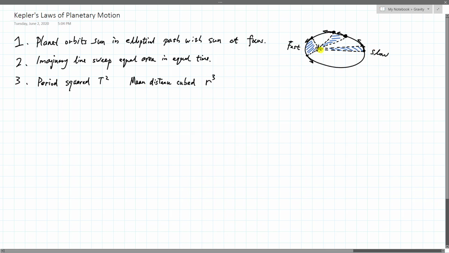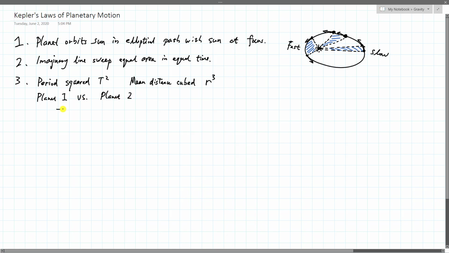That's basically the semi-major axis, basically half that whole distance over here. So that's the mean distance cubed. You cube that distance. So let's say planet 1 versus planet 2, any two planets.